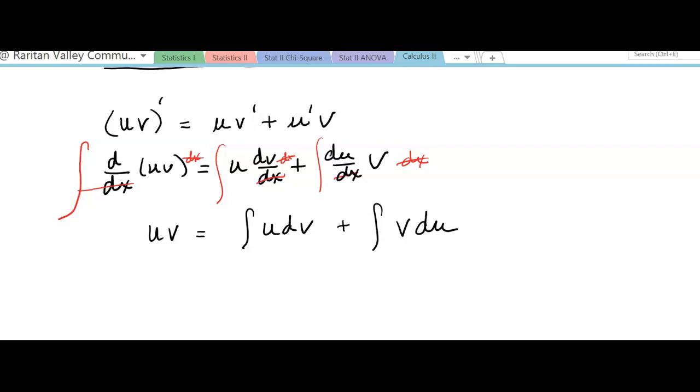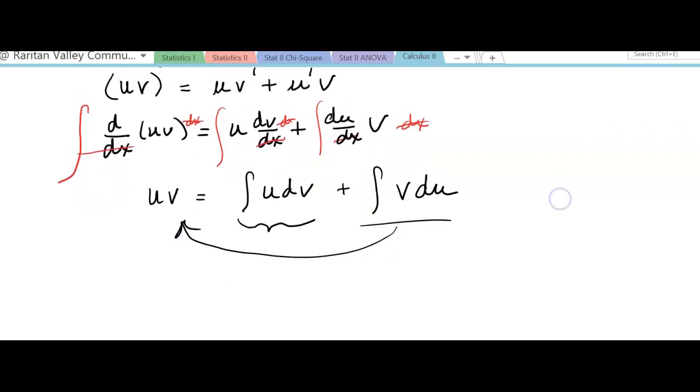We need to rearrange it a little bit. And what we're going to use is this u dv as our main term. So I'm going to get u dv by itself. I'm going to move this to the other side, but I'm going to flip the sign on the opposite side.